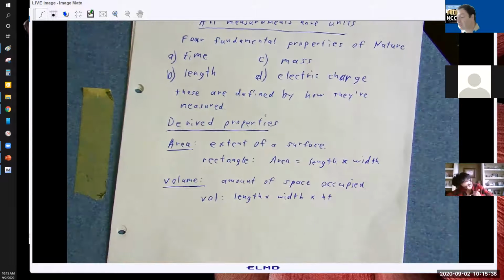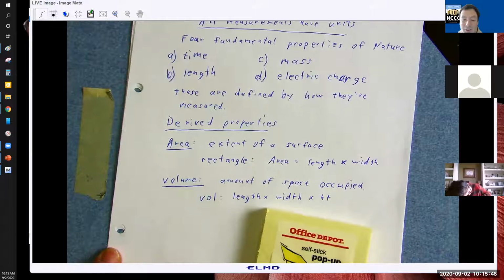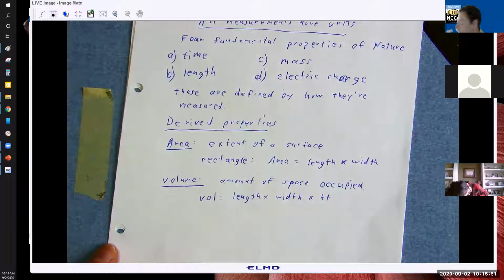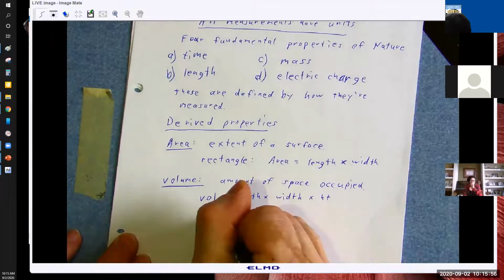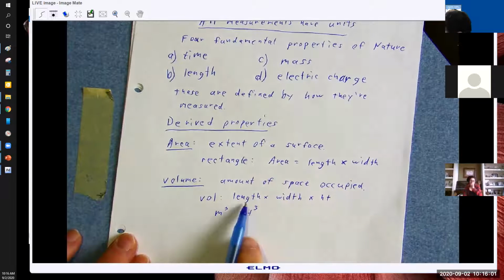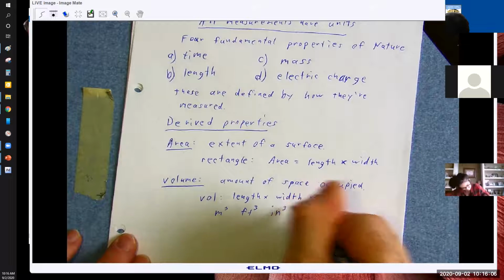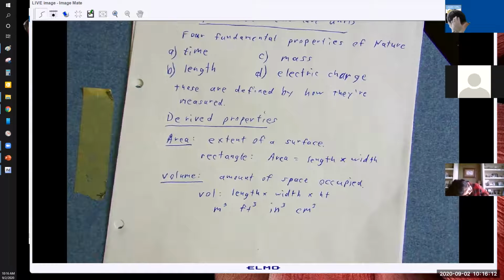This would be like a cube, or something like this stack of Post-it notes. It's got a length, a width, and a height. It's got a certain volume. So the units on these are going to be meters cubed, feet cubed, right? So we've got length times length times length. Inches cubed, centimeters cubed, and you can go on and on.